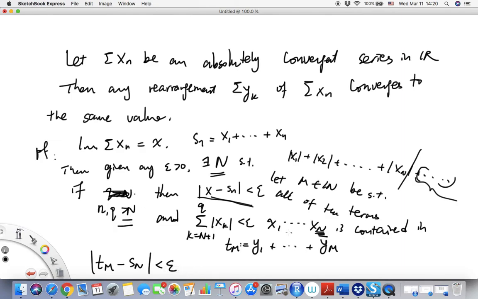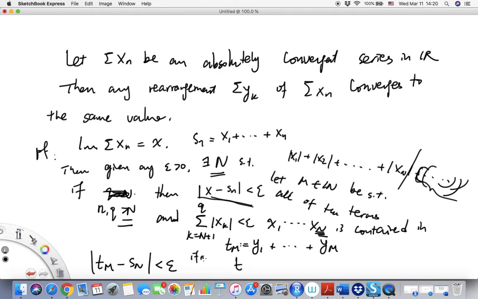Because what is the difference? It would be those yi's that are not in here, so these would be terms from the tail, and those are negligible.